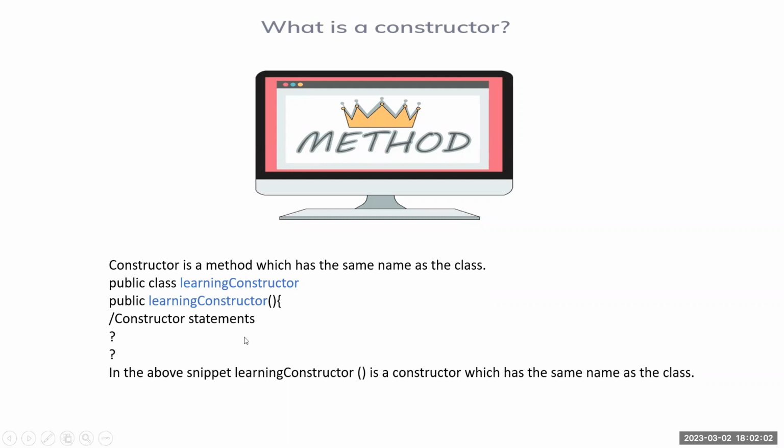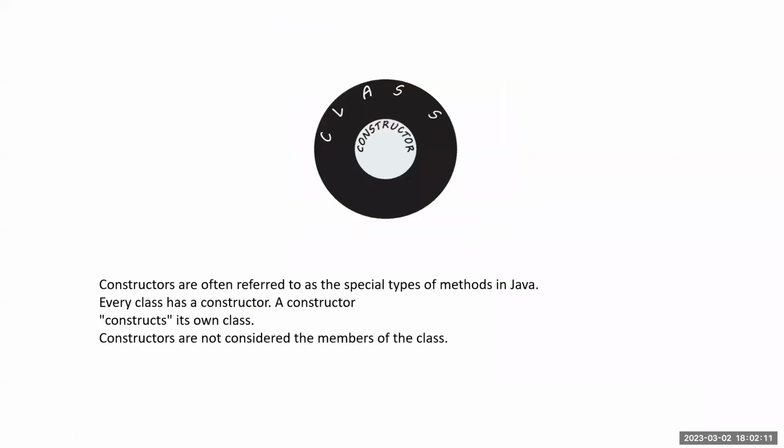As I mentioned, LearningConstructor has the same name as the class name. Why are constructors a special type of method in Java? Because every class has a constructor. A constructor is responsible for constructing its own class.